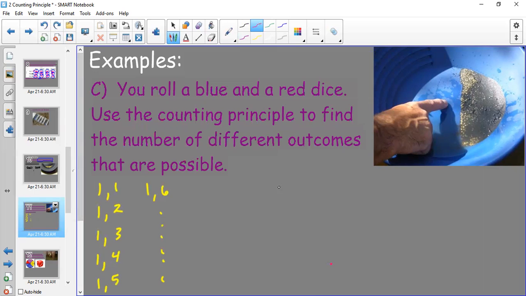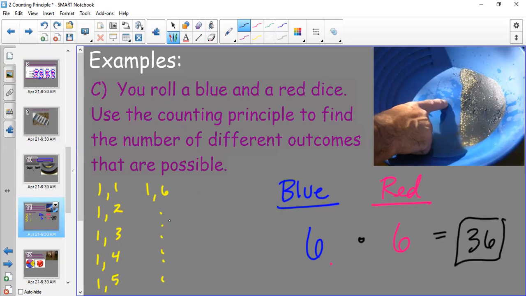We're going to find the first event, which was the blue dice, how many possibilities there were. So in a dice, there are 6 options. And then on the red dice, there are also 6 options. Counting principle says multiply those together to get 36 different outcomes. So if I listed all these over here on the left, I should end up with 36.